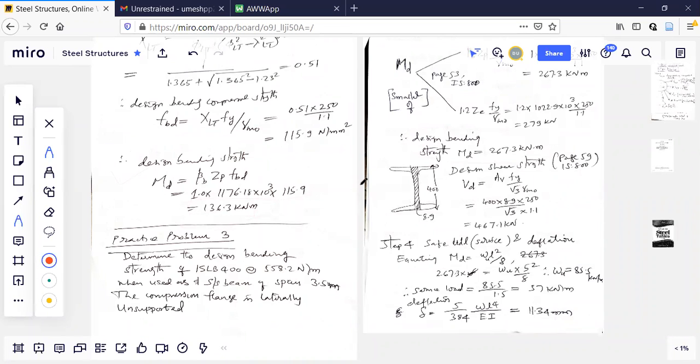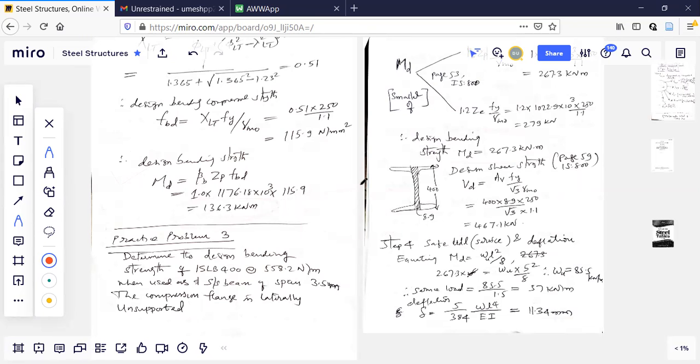Otherwise it becomes very complicated, I'm telling you. If you assume that even the supports are not providing the lateral or torsional restraint, the problem becomes still more complicated, because it depends on whether the supports permit the rotation.